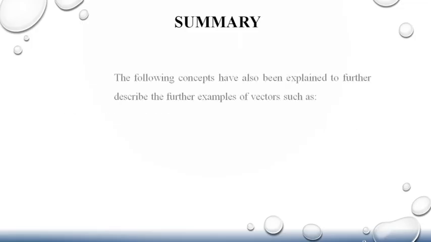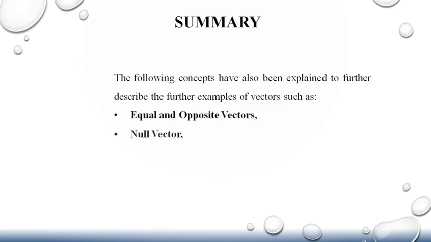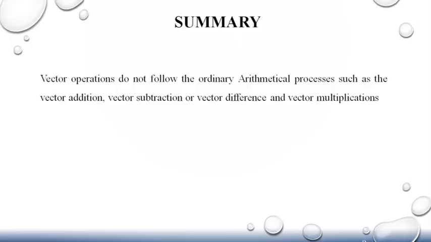The following concepts have also been explained to further describe the examples of vectors: equal and opposite vectors, null vectors, and equal vectors. Vector quantities do not follow the ordinary arithmetical processes such as vector addition, vector subtraction, vector difference, and vector multiplications.